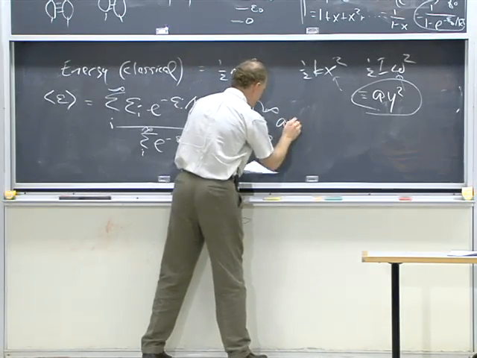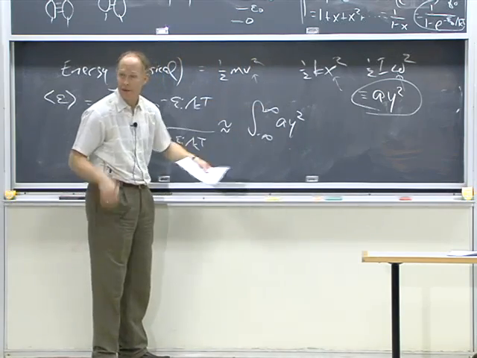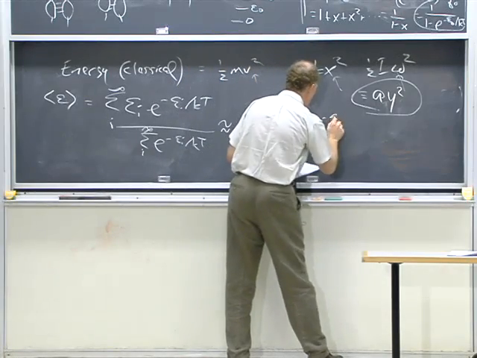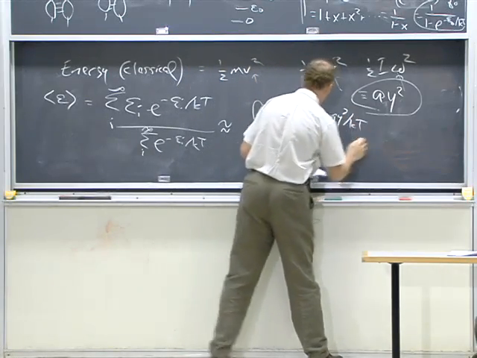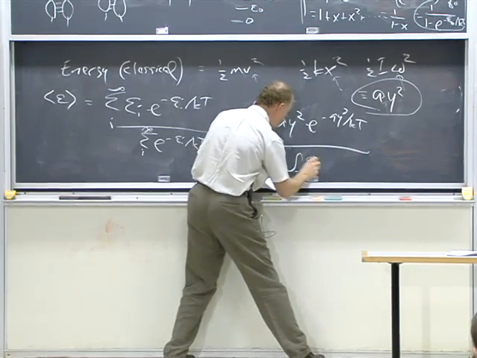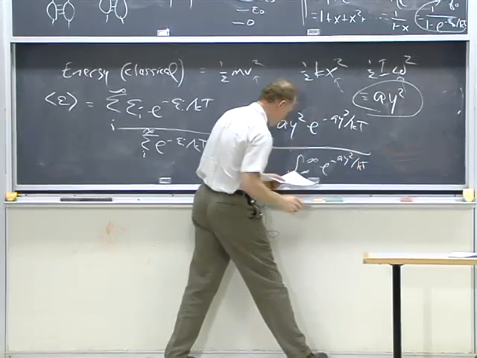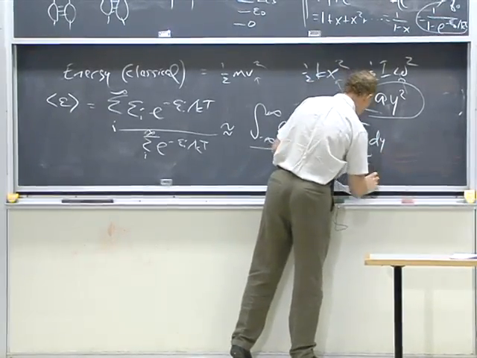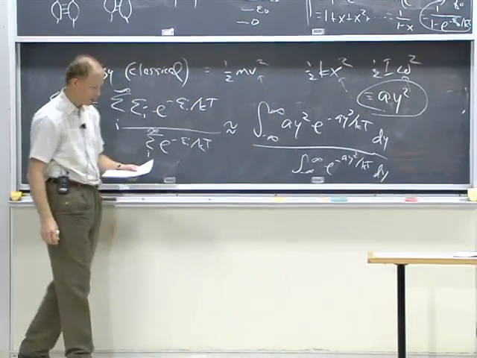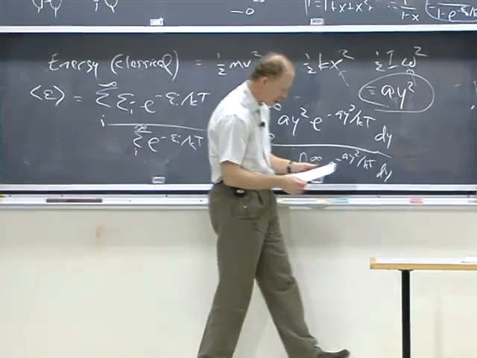So then we have integrals instead of sums. And here's our energy. It's a y squared, whatever that is. It could be this, it could be this, it could be this, and it's not going to matter. E to the minus a y squared over kT, over the integral of e to the minus a y squared over kT, dy. Okay. And here's what's going to happen.